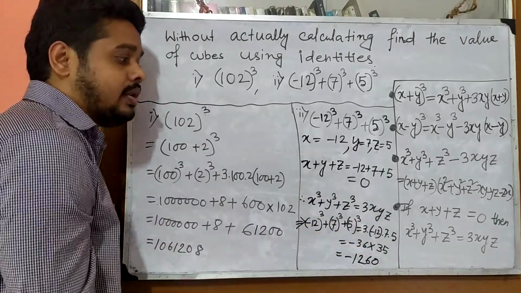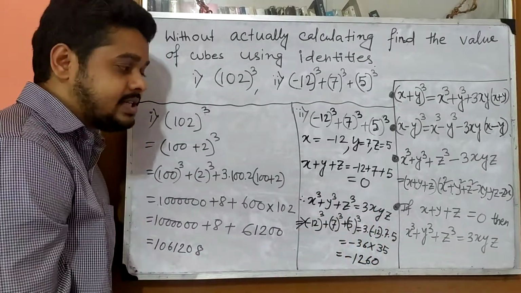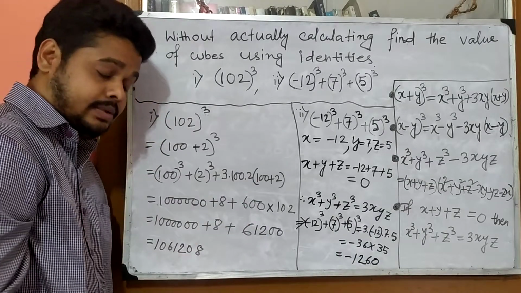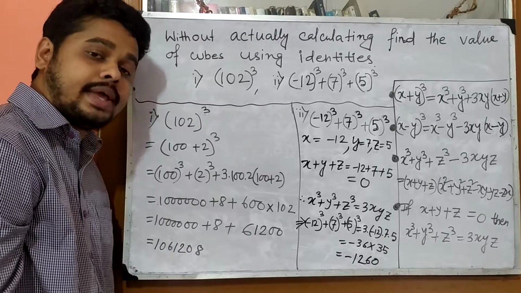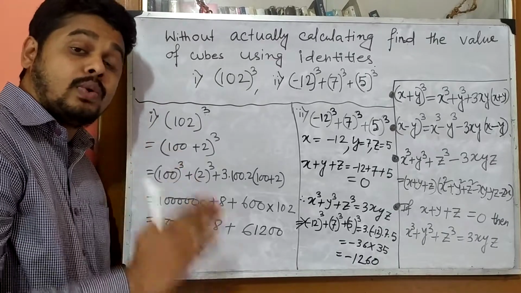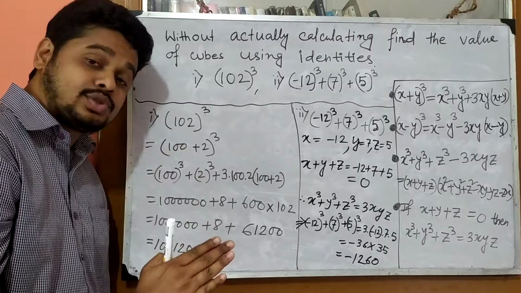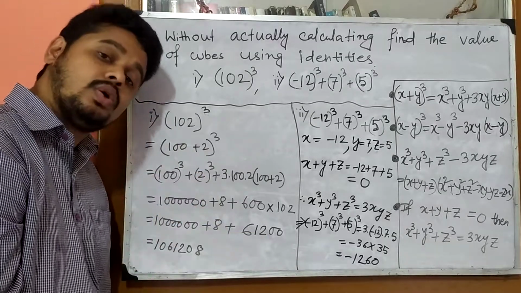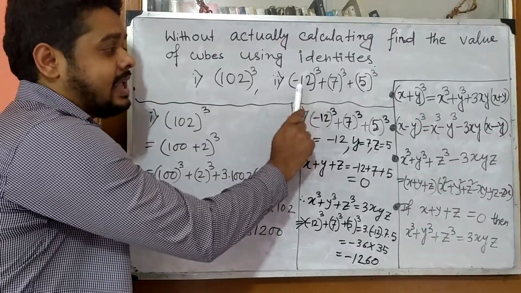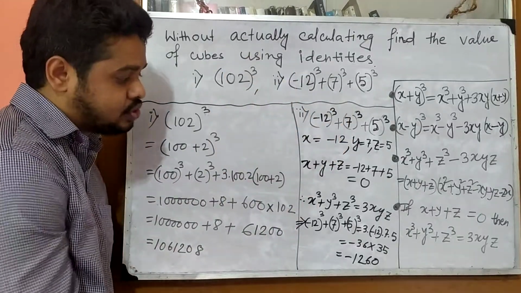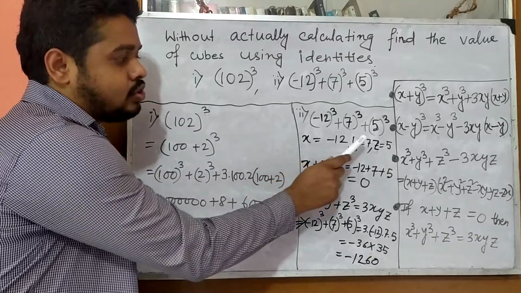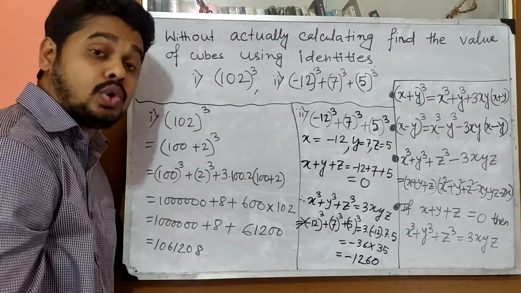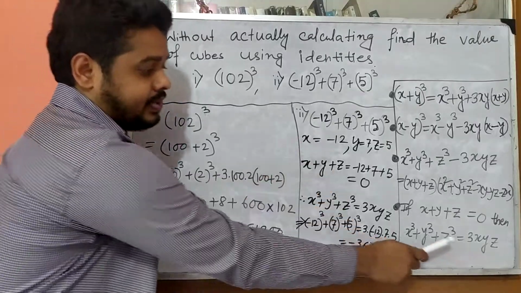And we know by this identity that the value of x cube plus y cube plus z cube will be equal to 3xyz when x plus y plus z equals 0. Now hence as x plus y plus z equals 0, that is minus 12 plus 7 plus 5 equals 0, therefore their cubes sum will be equal to 3xyz.